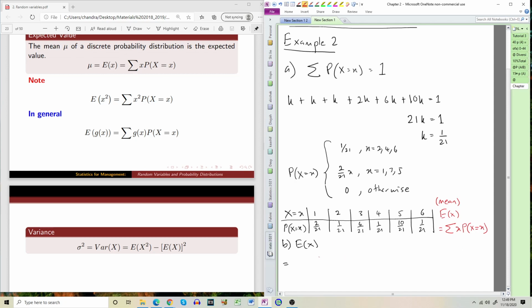So how am I going to do this? Take your x times with this, plus take 2 times with this, and so on. Do the same method for the others.